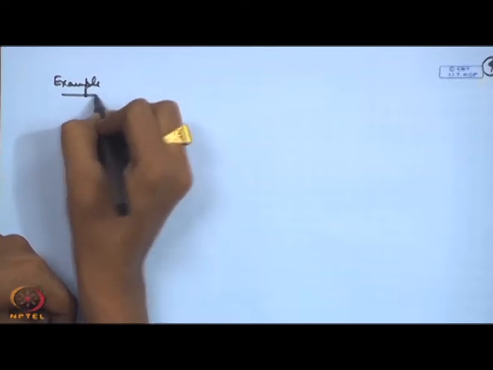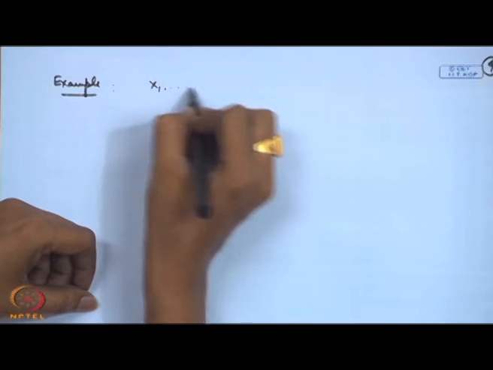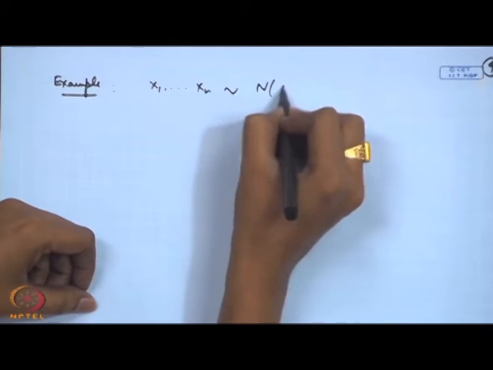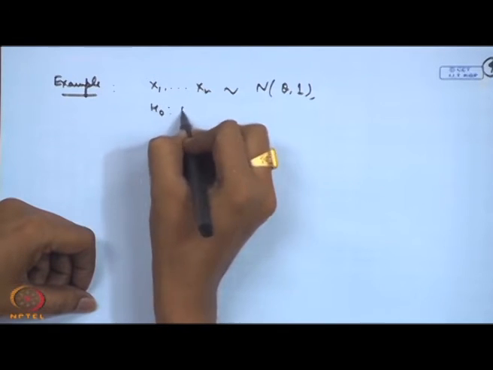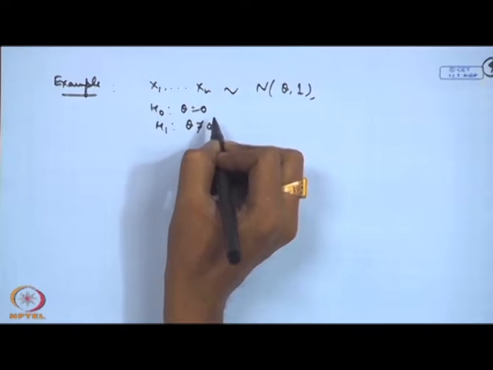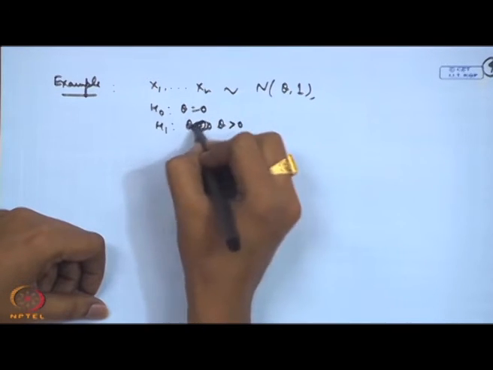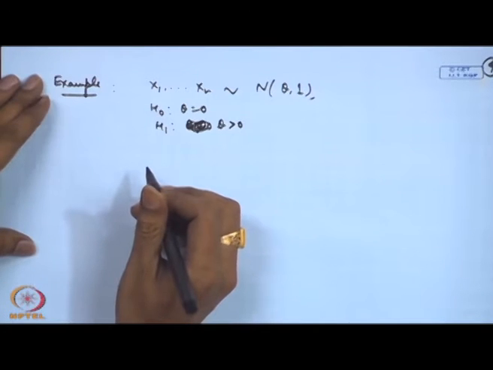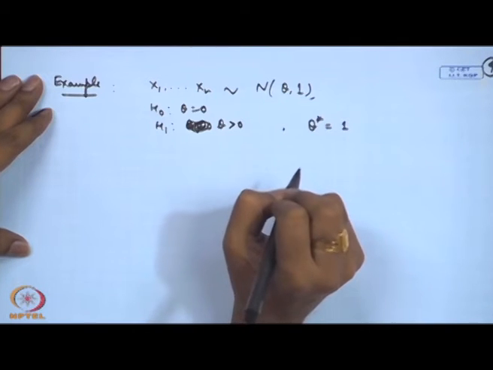Let us consider the usual problem based on the normal distribution, normal theta 1, and I consider H naught: theta is equal to 0, H1: theta is not equal to 0, or say theta greater than 0, for example. Let me take theta star in the alternative hypothesis set as 1.